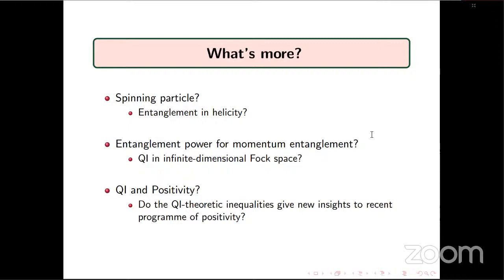Considering this entanglement in momentum is not new. People have done it before us, obviously. But usually we consider these Fock space states, these asymptotically free states, and you vary over the entire momentum space, and you get obvious infinities because your Hilbert space is infinite dimensional.